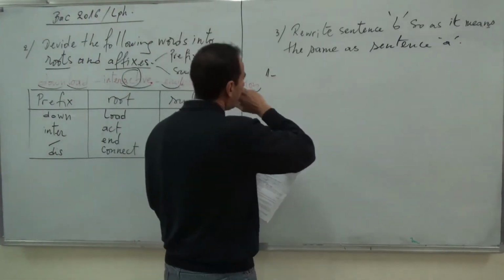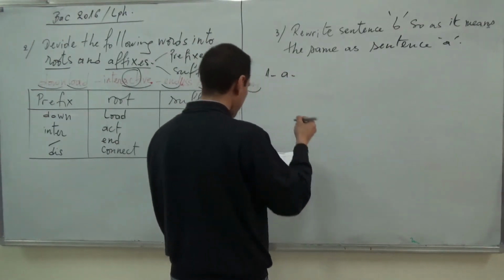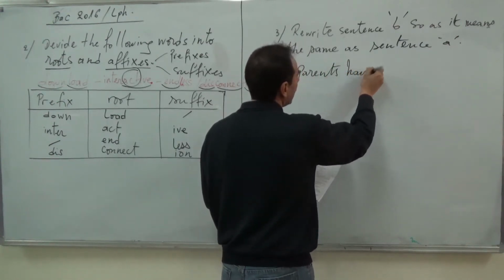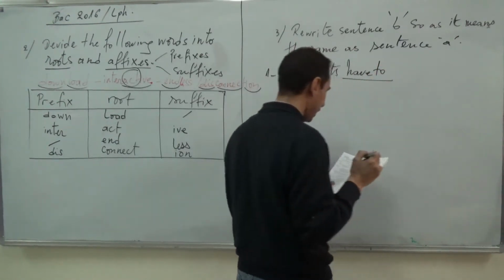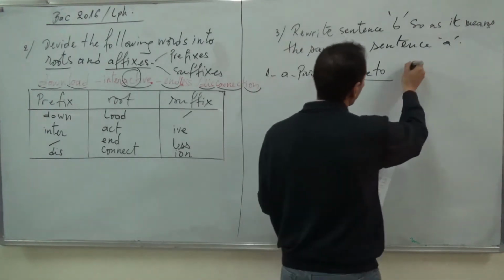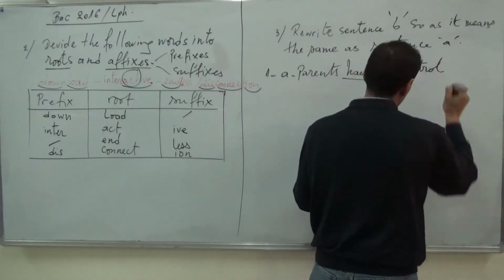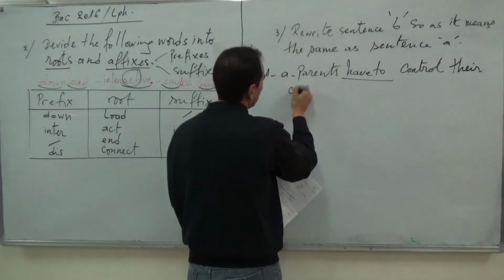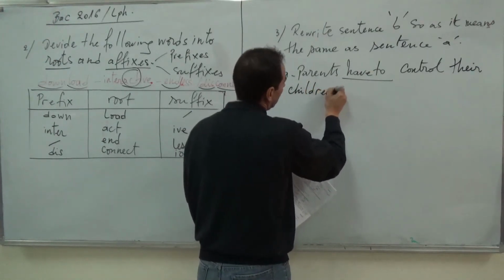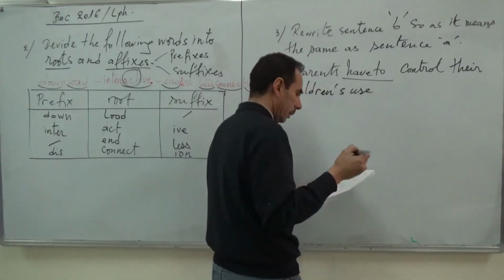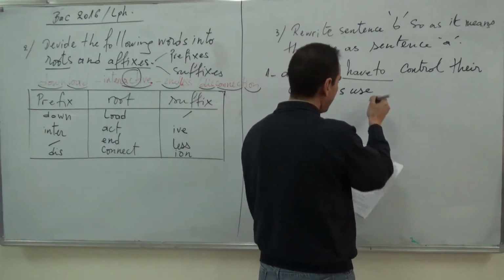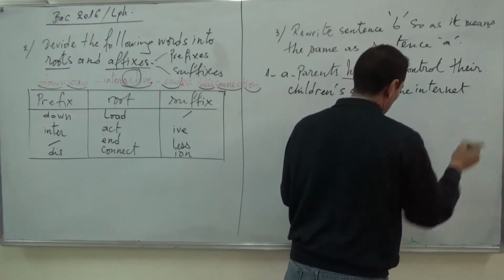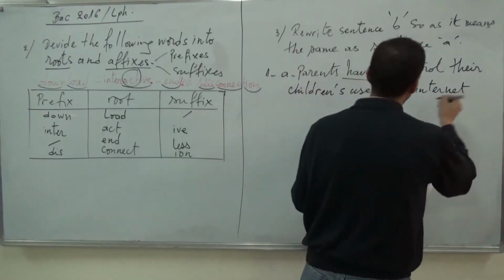In sentence 1A, for example, we have: parents have to, expressing obligation, control their children's use of the internet, because there are dangerous sites.